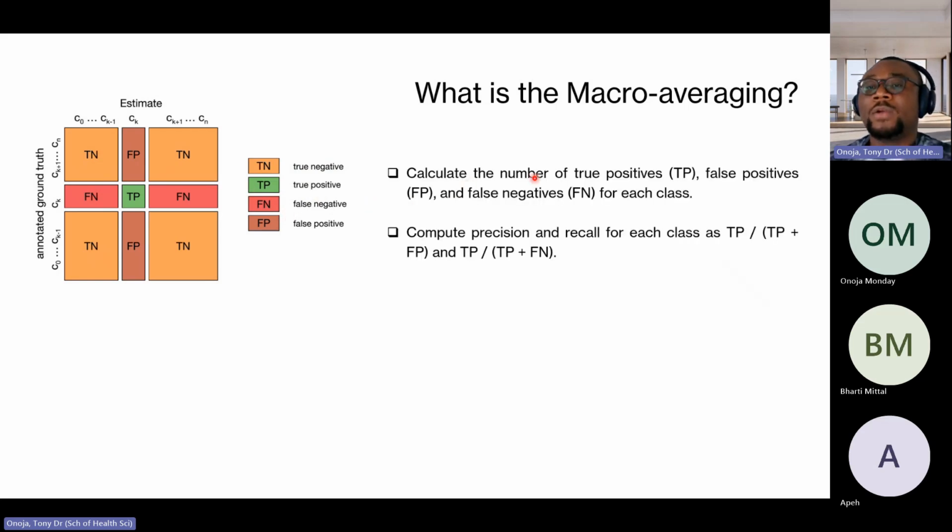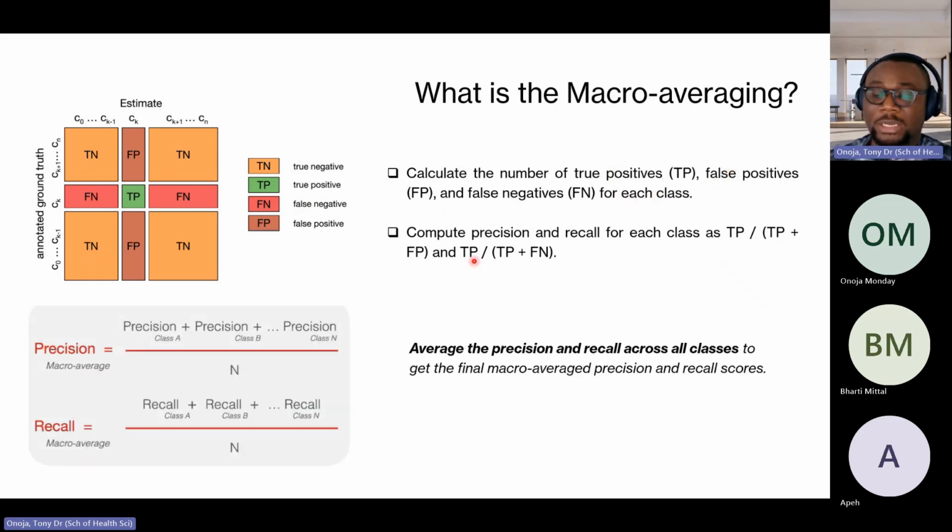Now we calculate the number of true positives, the false positives, and just like we did in the previous class, we also compute precision and recall. Now, in the case of the macro averaging, we will add the precision of class A plus the precision of class B plus down to the precision of the last class. And then we divide it by the total number of classes we have.